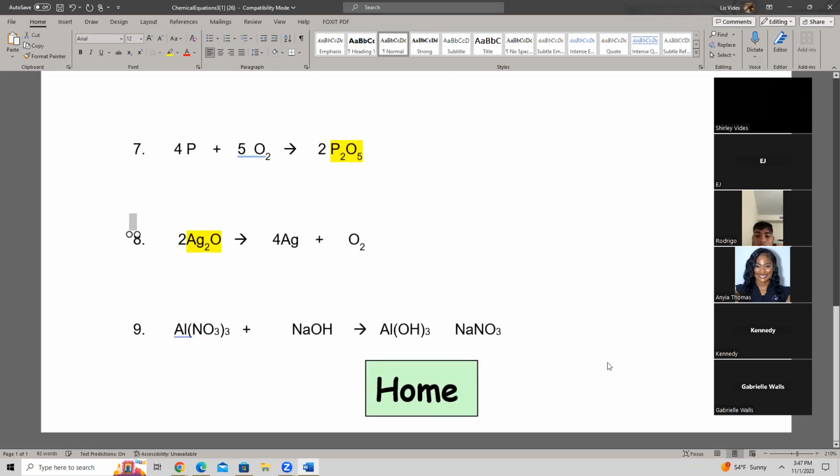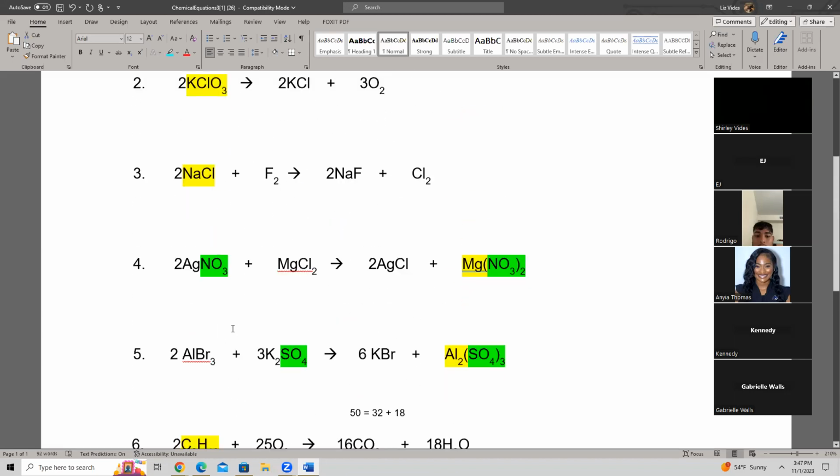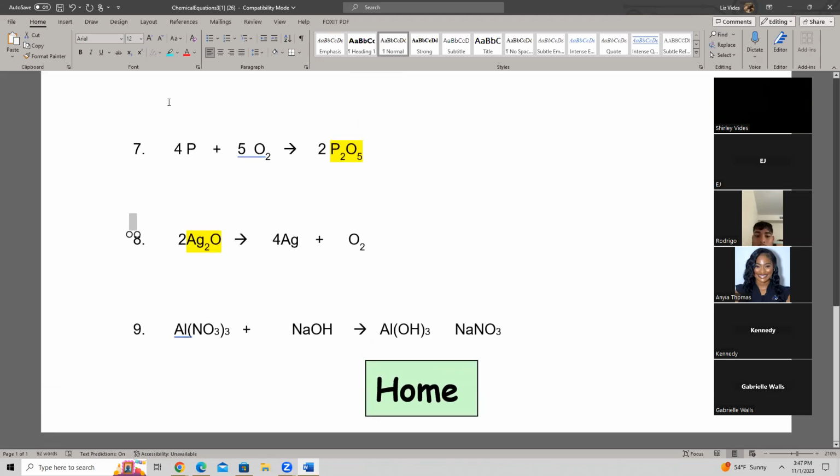Again, we have one more, last one. Okay, so this one is with those groups. Remember, we said that we are going to treat the entire group like we did over here, right, as 1. This nitrate and this nitrate are treated as one thing. And we also have hydroxide, so I'm going to have to use a third color.